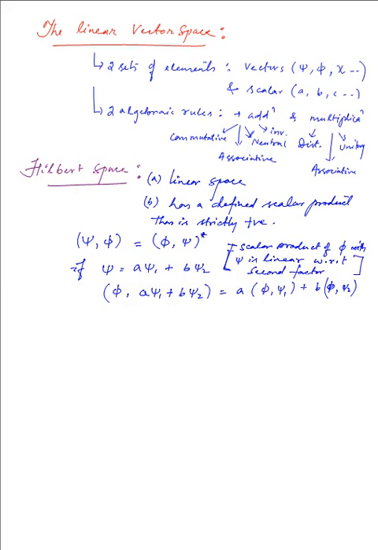Now, if we have the case of the first factor, it will be antilinear. So if phi is of the form a phi 1 plus b phi 2, then the scalar product will be antilinear with respect to the first factor.